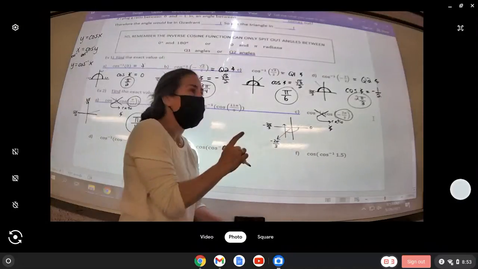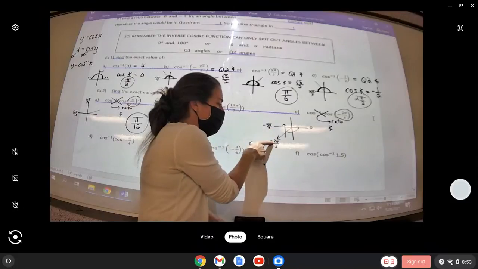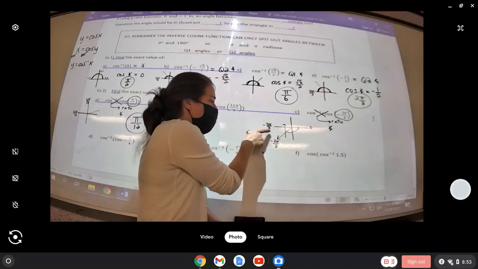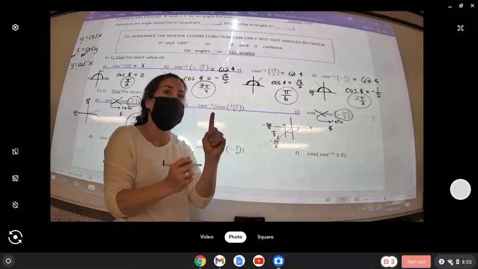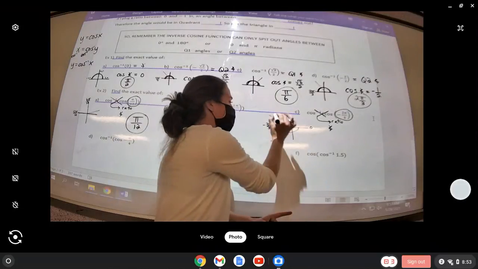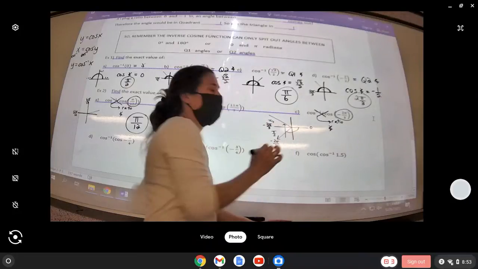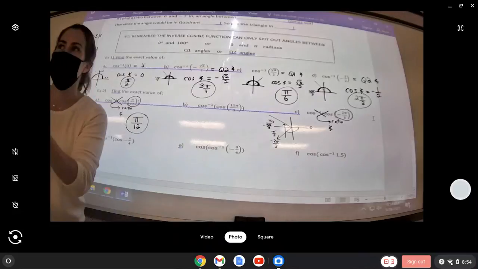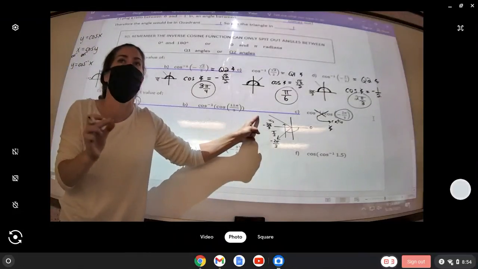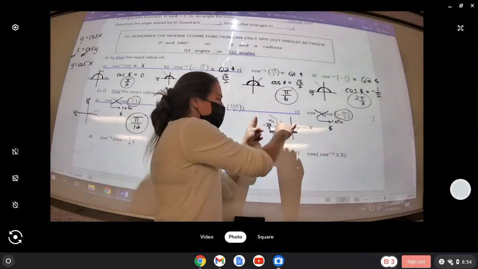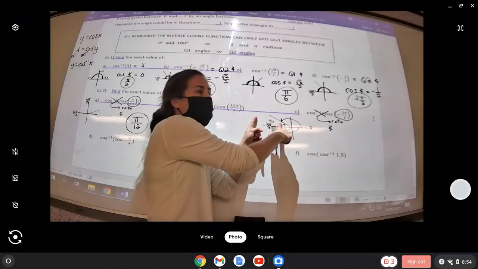To do that, you need your reference angle. Guys, how many pi's over 3 live in between negative 2 pi over 3 and negative 3 pi over 3? That's 1. So that means the reference angle is 1 pi over 3. So if this is 1 pi over 3, this is 1 pi over 3. But you can't say that that's the answer because pi over 3 isn't a quadrant 2 angle. So that's your reference angle. But what's this angle that had the reference angle of pi over 3?